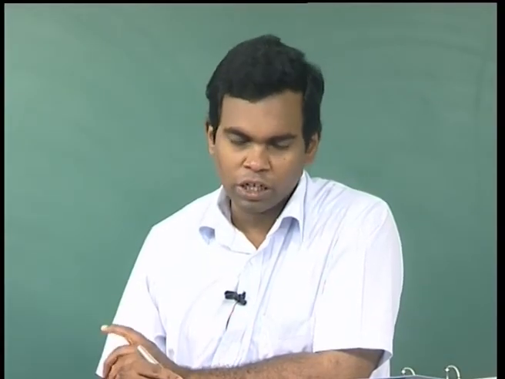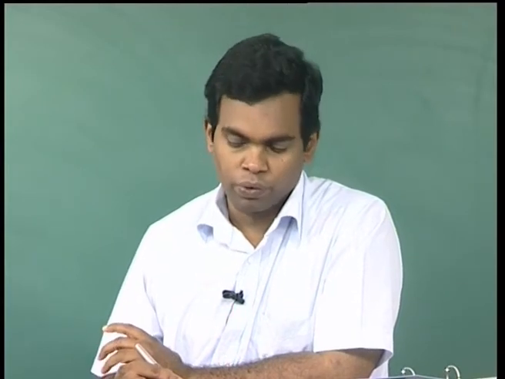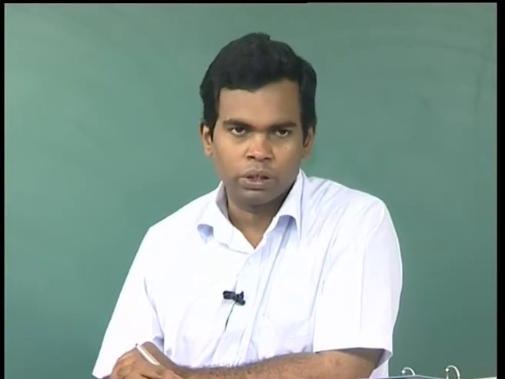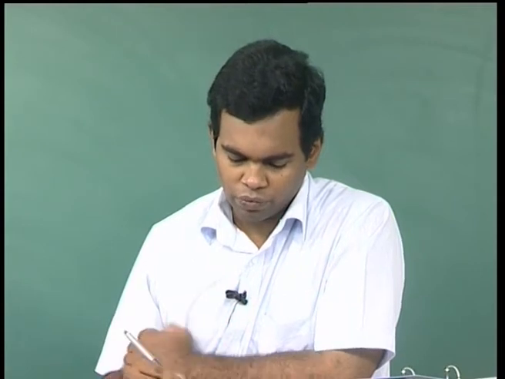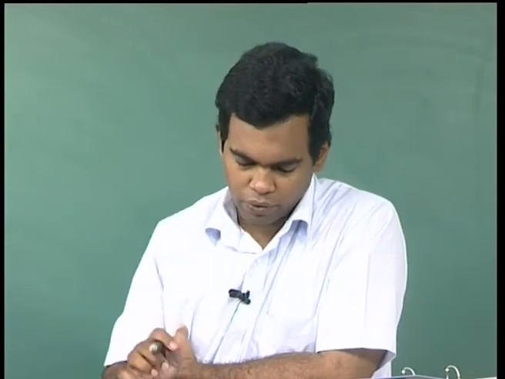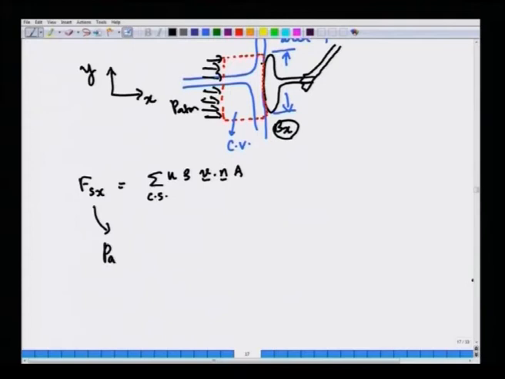Bx is an algebraic quantity, merely a component of the force exerted by the solid surface on the fluid, on the control surface of the fluid. So, Fx is therefore P atmosphere times AP plus Bx is equal to, now this is the same as before, minus rho u squared A at the inlet.